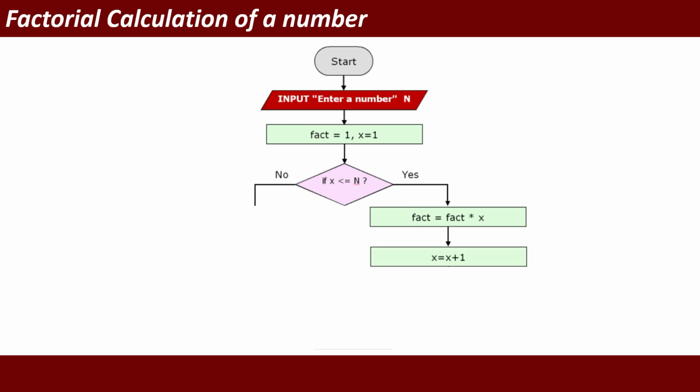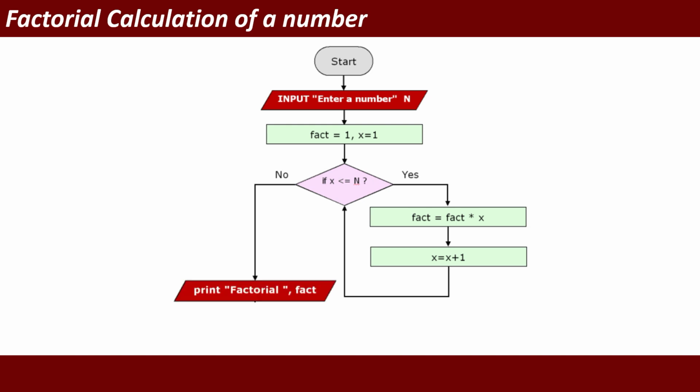Then it will increment by 1, and then it will move again to that condition, and it will check if the value of x is less than or equal to that number. When it becomes false, the loop will be stopped. Then it will display the factorial, and then the program will end. This is the flowchart.